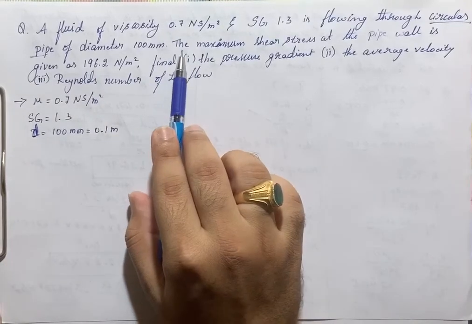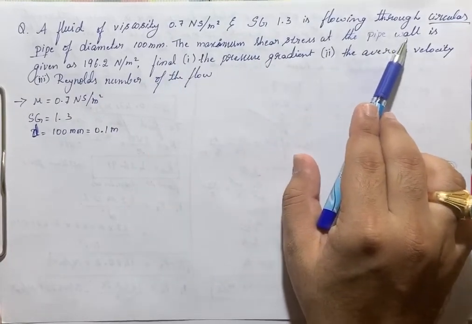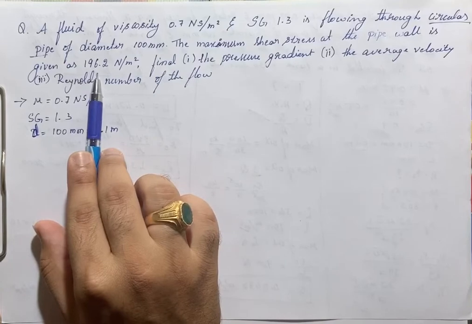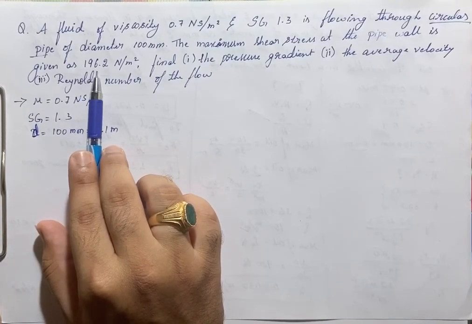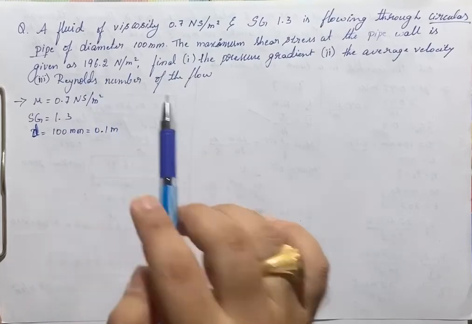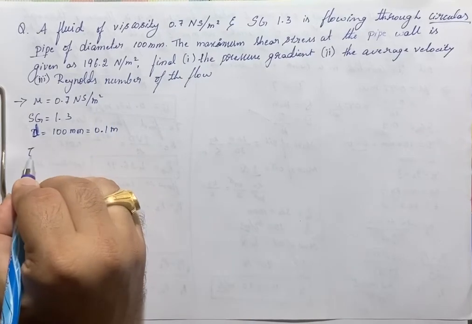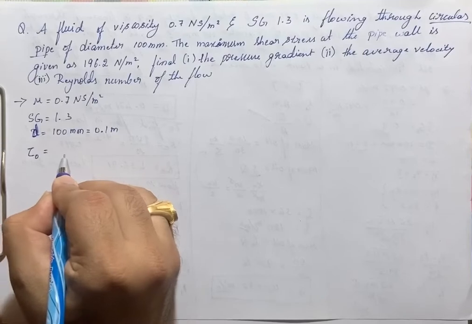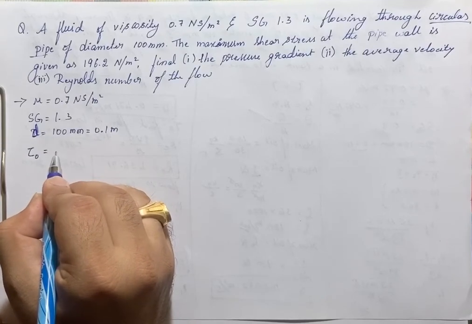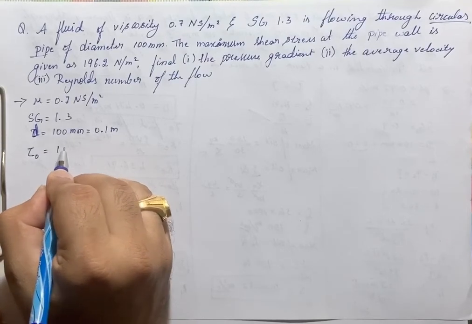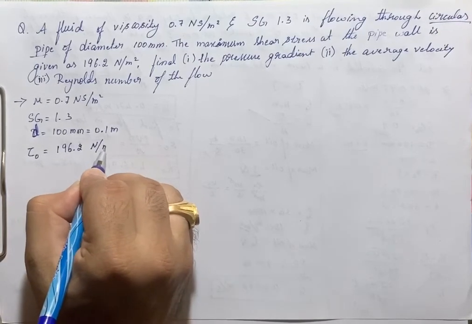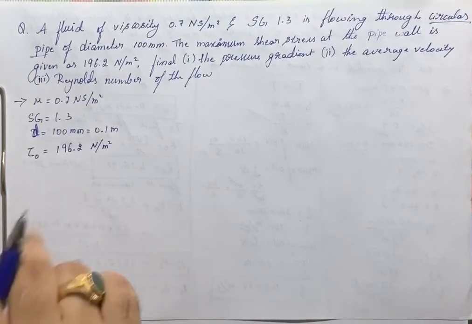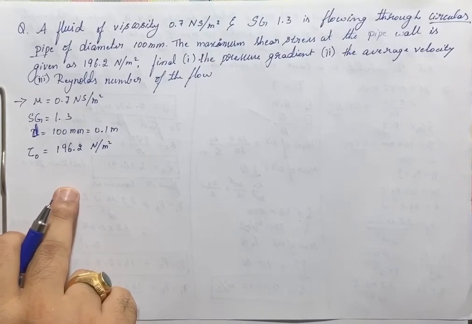The maximum shear stress at the pipe wall is given as 196.2 Newton per meter square, right? That means it is tau naught, the maximum shear stress. Where does this maximum shear stress happen?